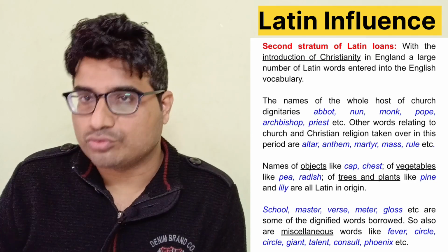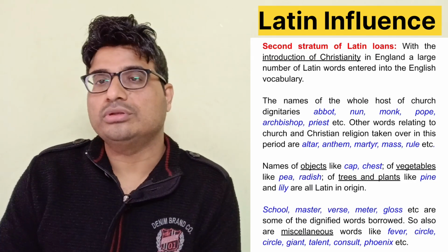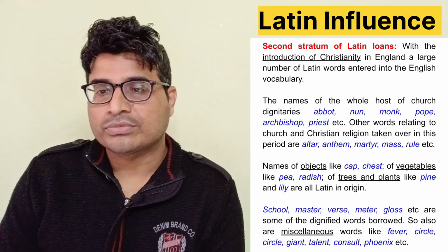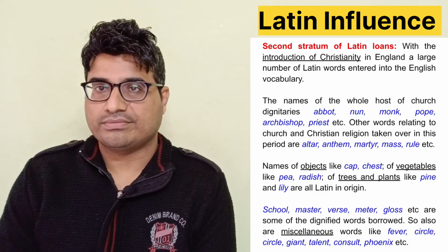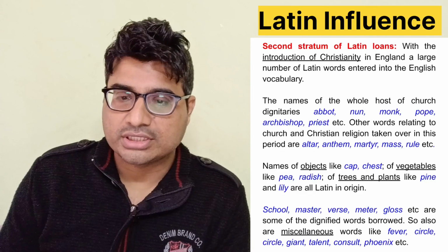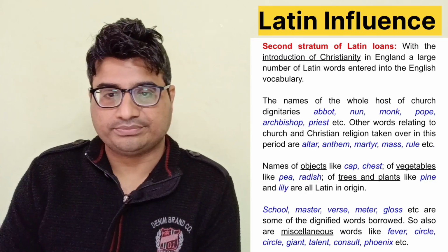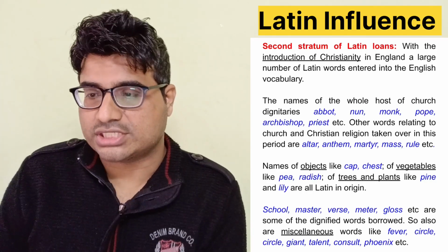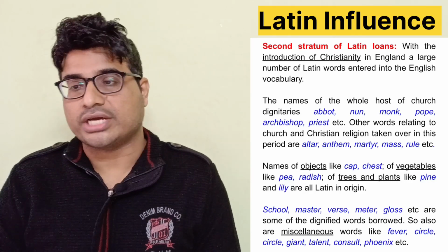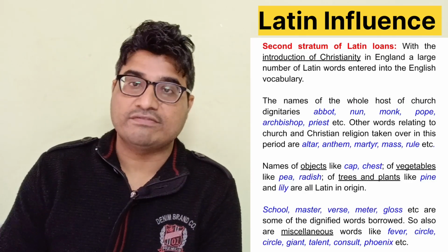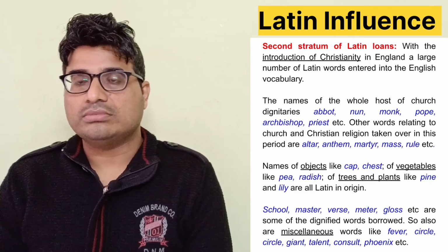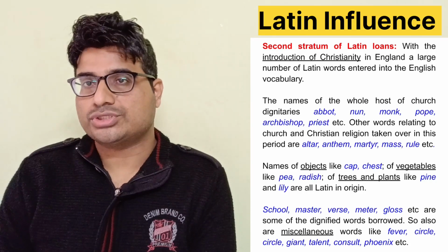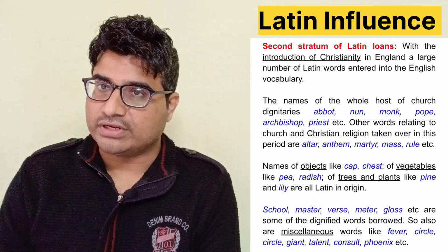Some of the dignified words like school, master, verse, meter, gloss, all these words also came from the Latin source. Apart from this, some miscellaneous words like fever, circle, giant, talent, consult, phoenix. These words also came from the Latin source and are heavily used.